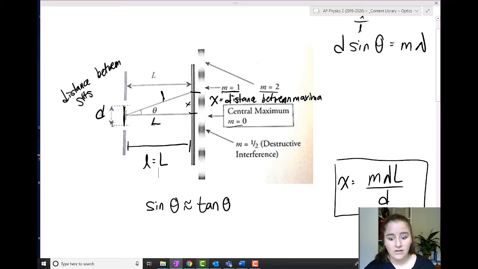So that is also why this equation gets less accurate the further out you go from the maxima.